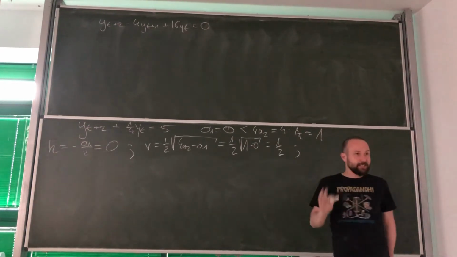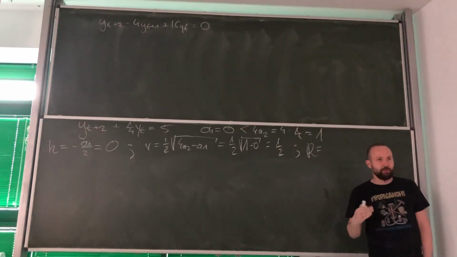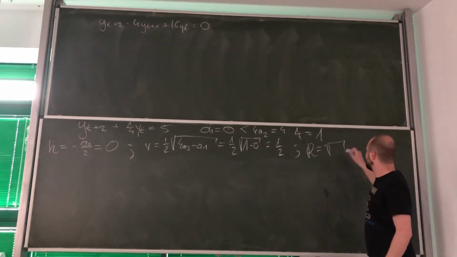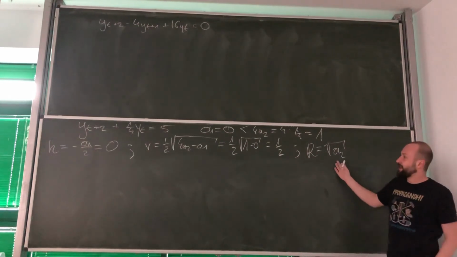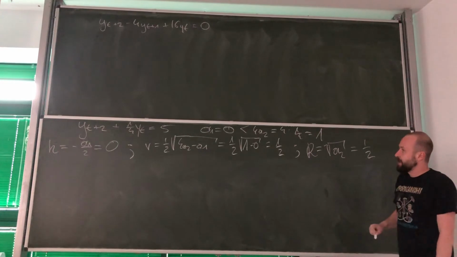And the last thing we need to take care of is what is r, and here we use the formula I showed you previously. This is equal to square root of a2, and as a2 is 1 over 4, square root is 1 over 2.